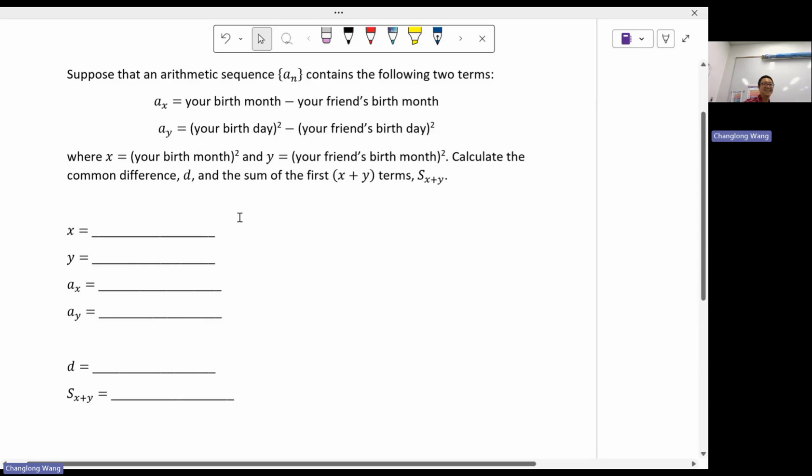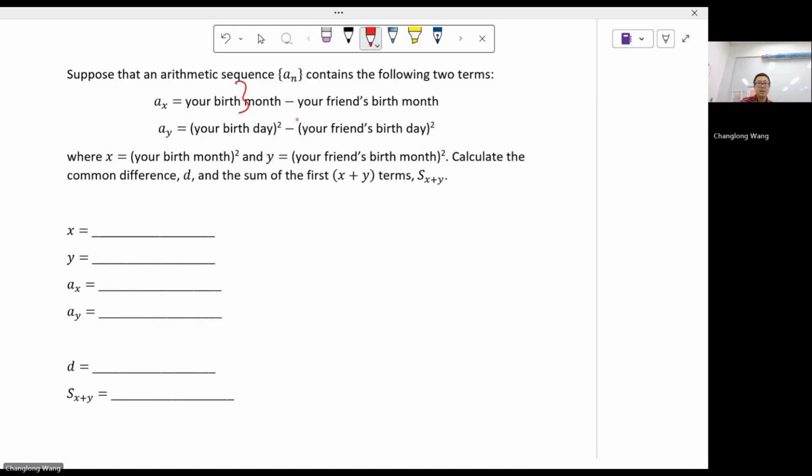Yeah, go ahead. So that will be 3, right? March what? 23rd, 25th. Okay. All right, so that will be 25th, right? But 25 gets squared.